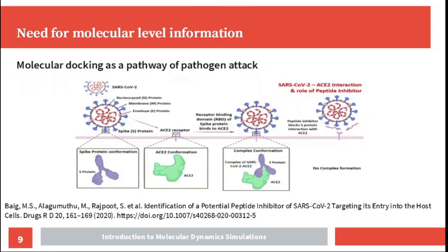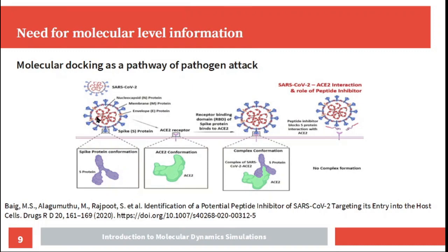Another example is that of a pathogen attack. So for example, you have a schematic of a coronavirus here, and you can see that this virus has spikes on its body, which is made up of proteins.